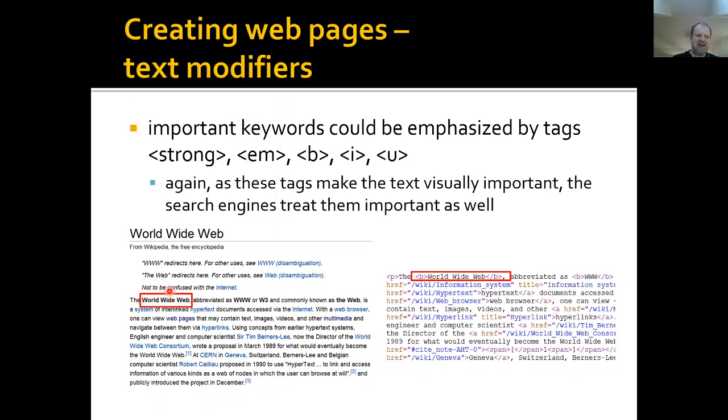Again, it has some meaning for the user, not as big as a header or title, but still it's emphasized because it's something more important than just regular text. So the World Wide Web is more important than, for example, commonly known. For this reason, it's good to use emphasis for the text.